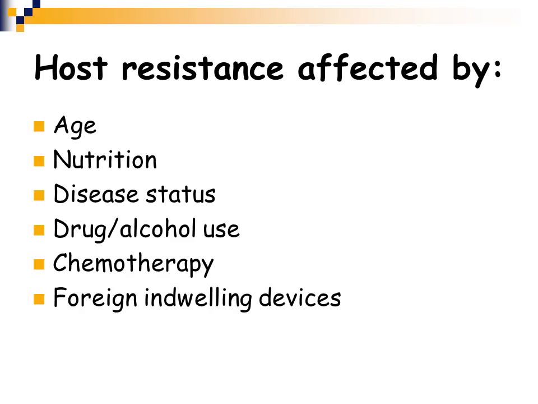In the young they are less developed, and in the elderly the immune system just doesn't work as well. So age is a major factor of being at risk of an infection.